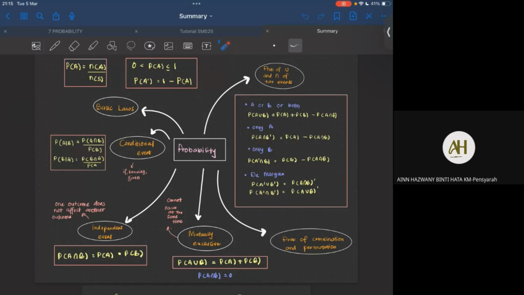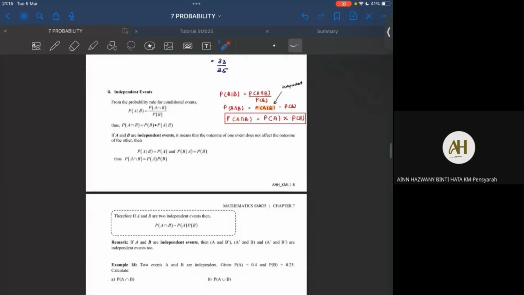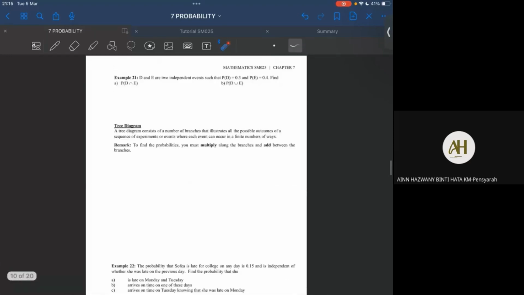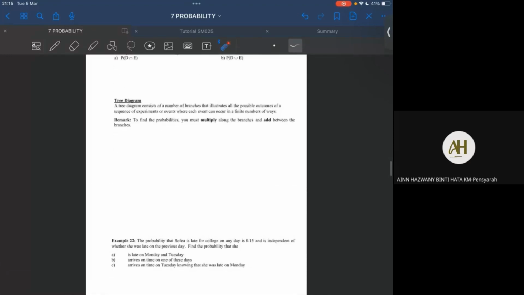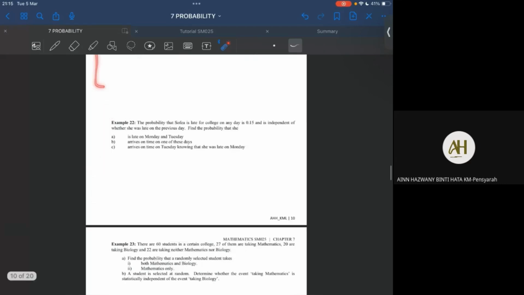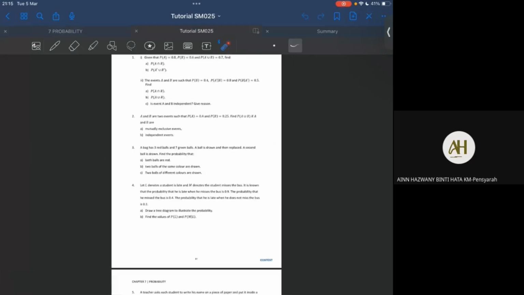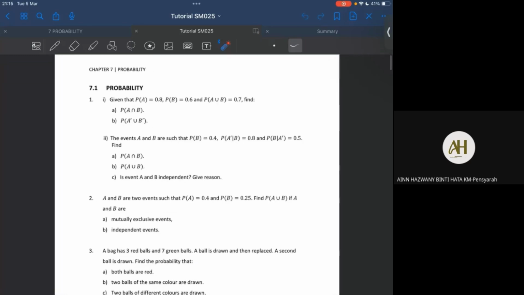Okay, so for tomorrow we are going to discuss independent events. Kita akan try habiskan sampai example 21. Yang bawah ni tak ada apa-apa pun, ini kita dah discuss lah sebenarnya. Macam mana nak guna tree diagram, macam mana nak guna table, macam nak guna Venn diagram, ini dah buat dah sebenarnya. So tomorrow we are going to discuss independent event and we are going to start chapter 7 probability.